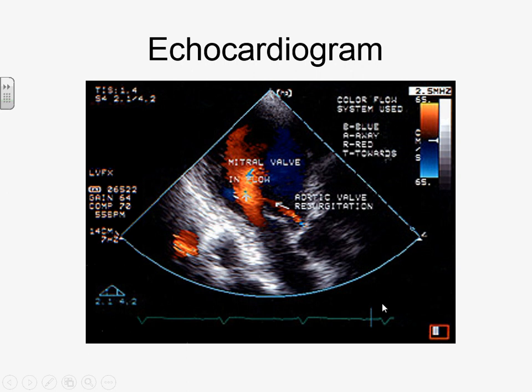Oh, it actually tells you over here, B is blue, A away, R red, T towards. So red is towards and blue is away, I read from that. Oh, it's actually, no, it's not the mitral valve, it's the aortic valve regurgitation. So the aortic valve is leaking, basically. We haven't really talked about what that does yet, but I'll come on to that in a minute.